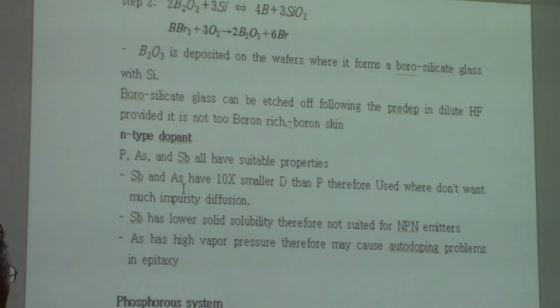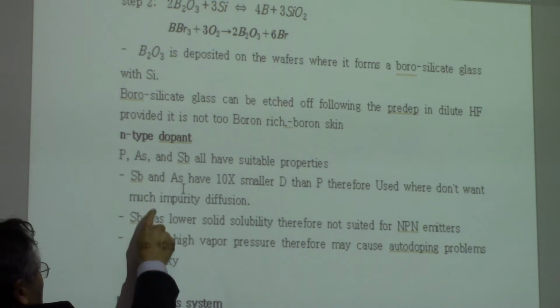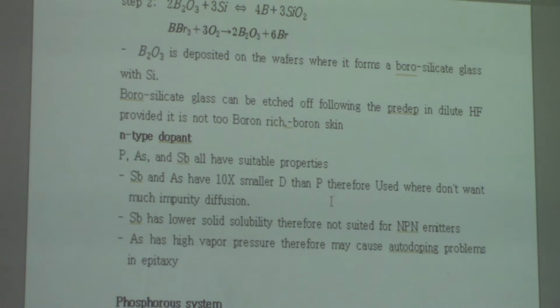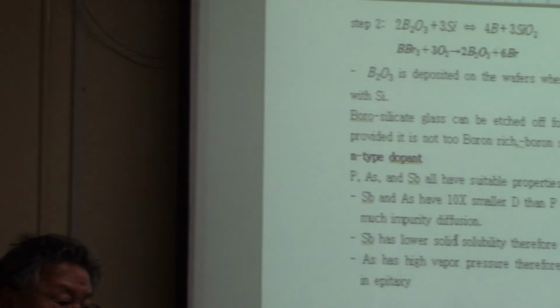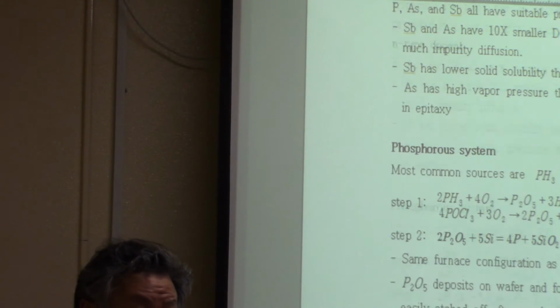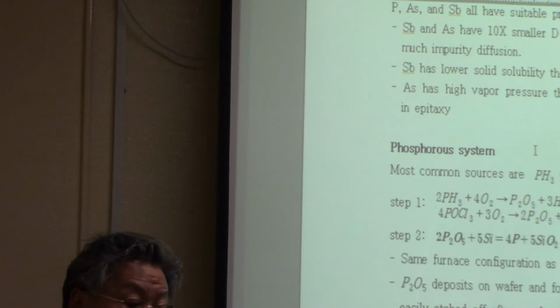Phosphorus has a higher diffusion coefficient than arsenic and antimony, so arsenic and antimony are good for making shallow junctions, because their diffusion coefficient is very low. If you want to make shallow junctions for the NMOS, for example, you have to use arsenic or antimony instead of phosphorus. That choice we have for n-type, and that is fortunate.